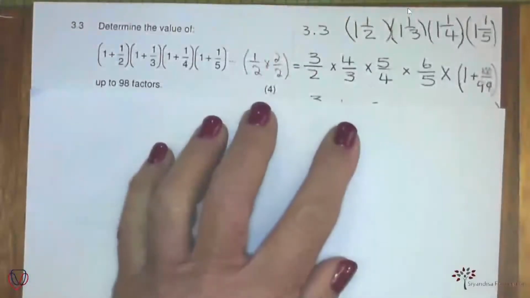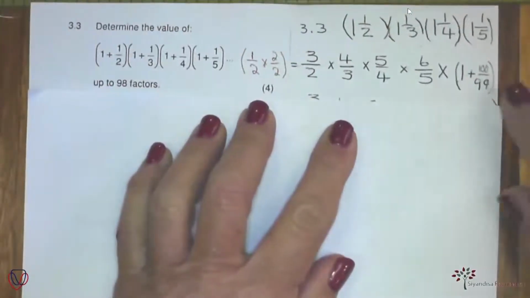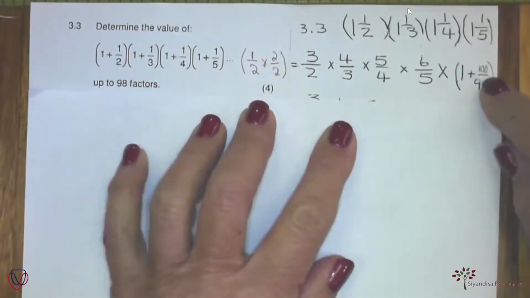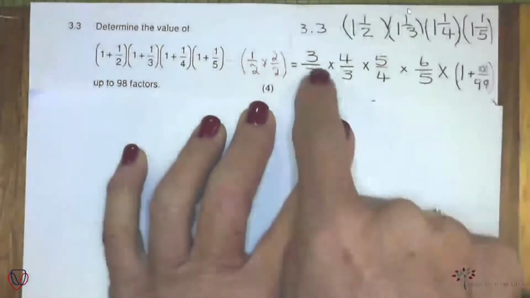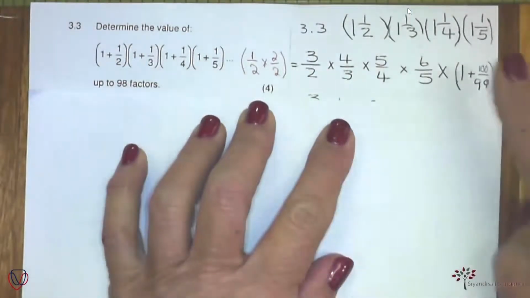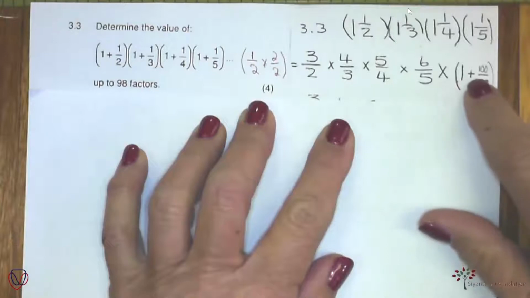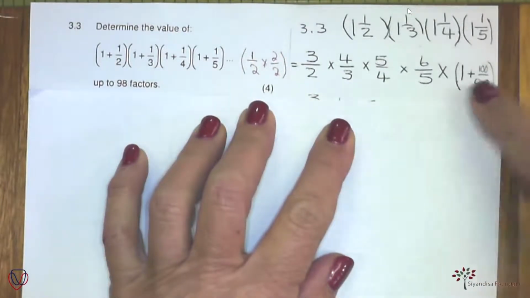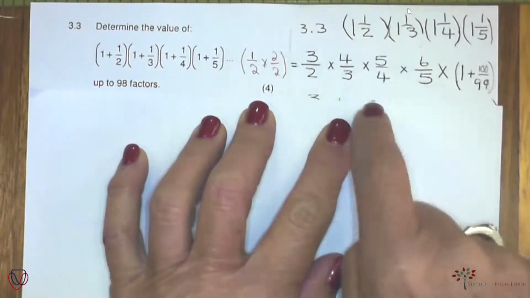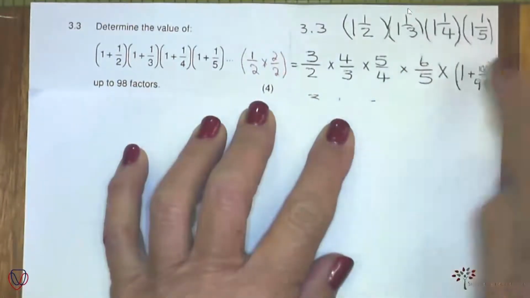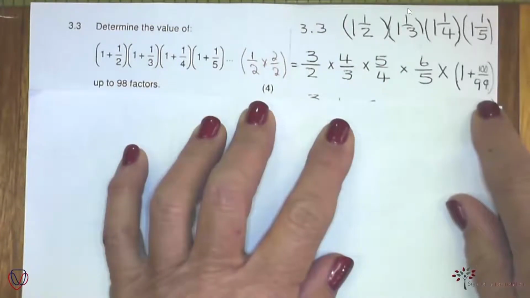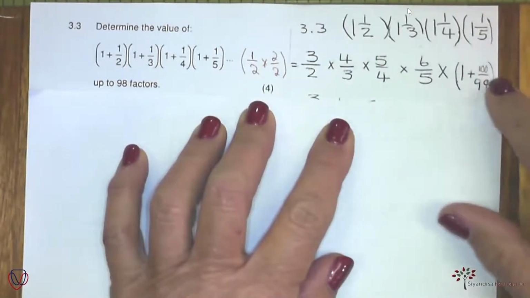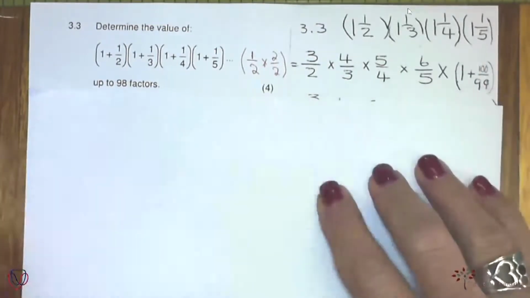So when you go to 98 terms, you will actually get to term number 100. And if you look at this pattern here, it's going to be 1 plus 1 over 99. There: 5 over 4, 6 over 5, 7 over 6, 8 over 7, and the last one will be 100 over 99.